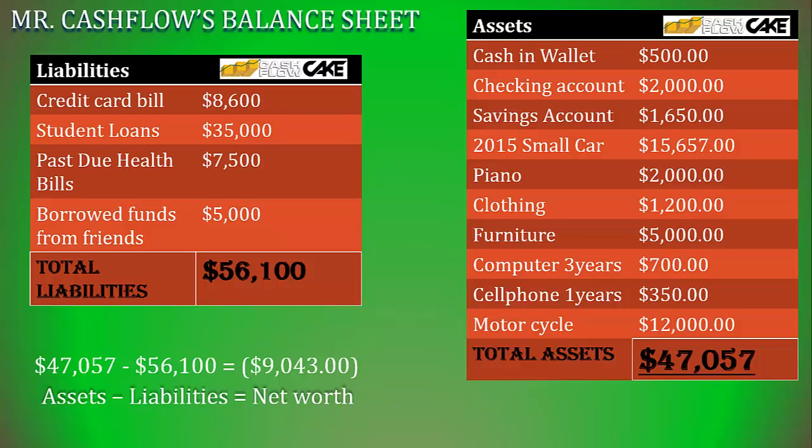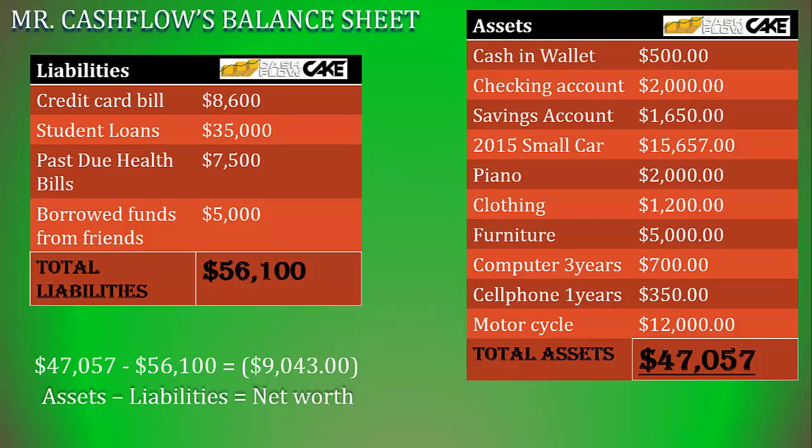You had about $500 in your pocket, $2,000 in your checking account, and $1,650 in your savings account. You also had a car that was worth $15,000, which is significant.